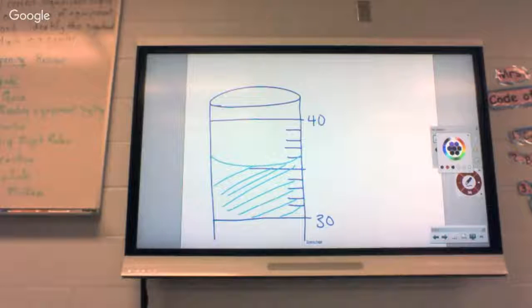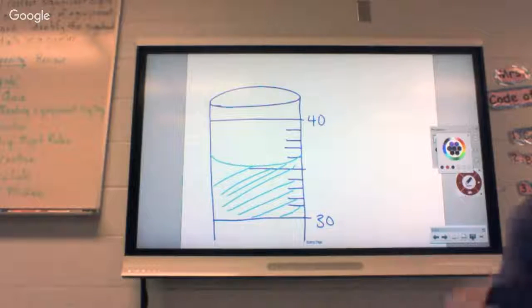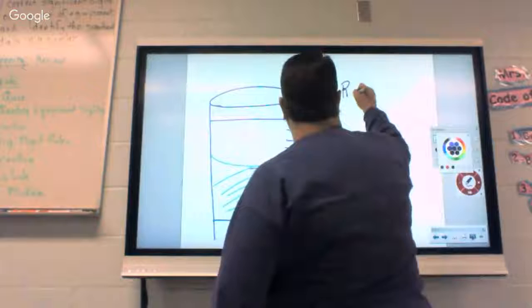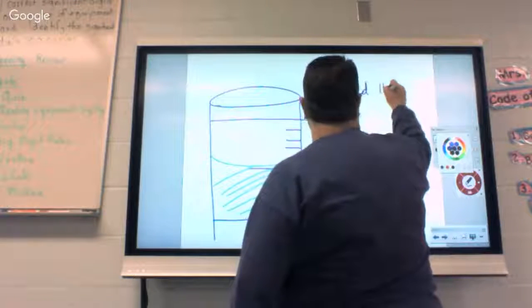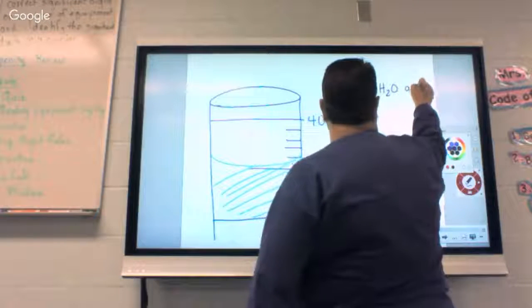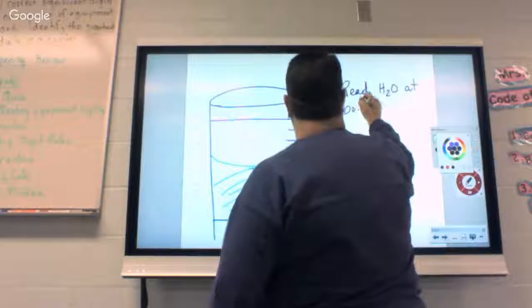Top, bottom, middle, what? Bottom. Remember the name? Very good, buddy. It's called the bottom of the meniscus. All right. Read water at the bottom.